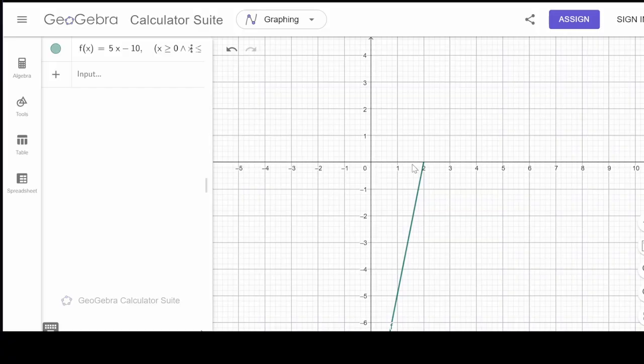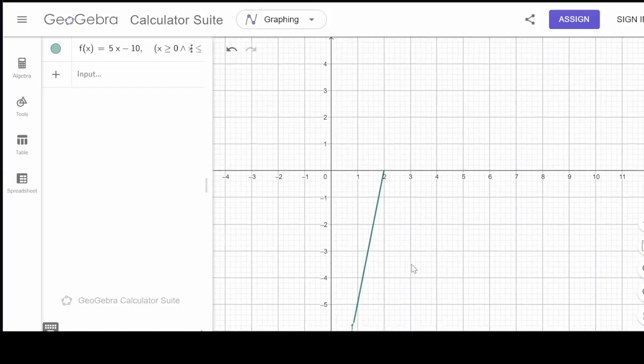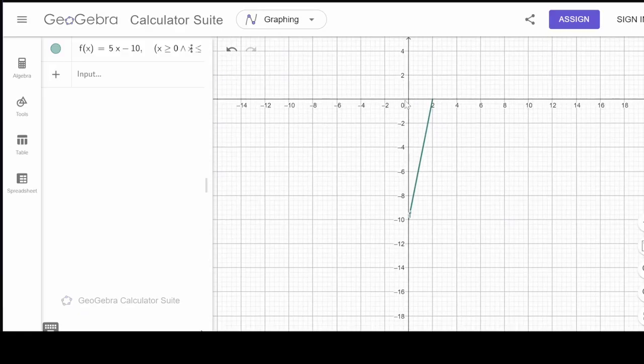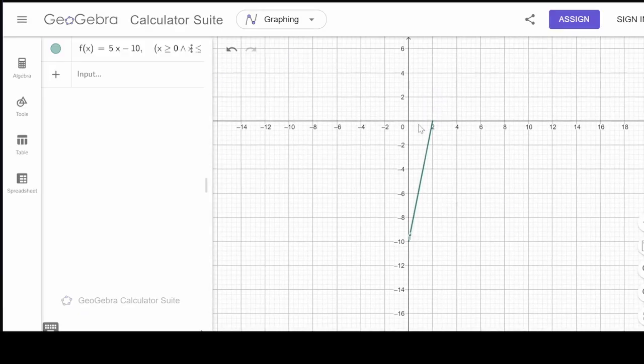So this is Samuel's graph. We restricted it between 0 and 2 seconds since it took him 2 seconds to finish.